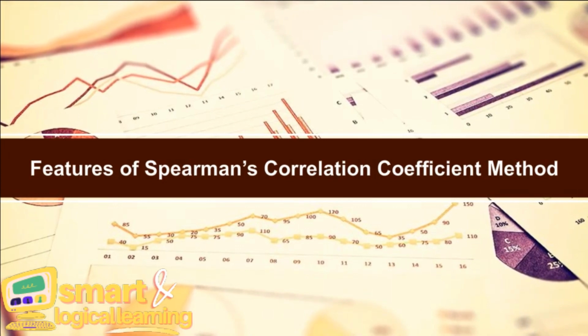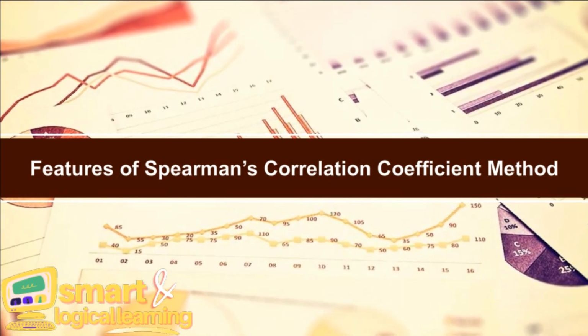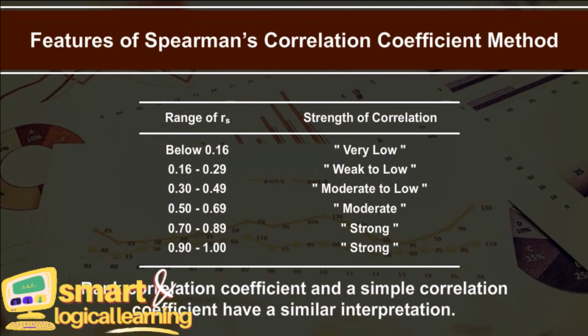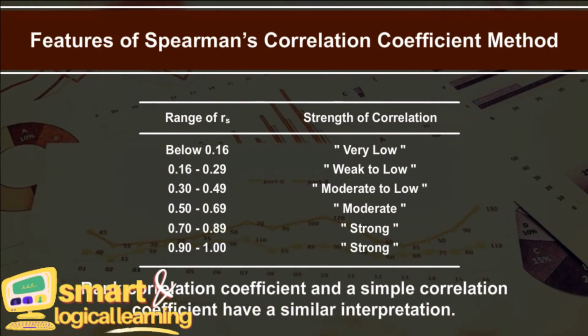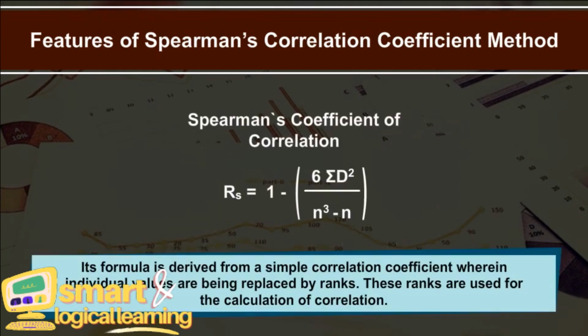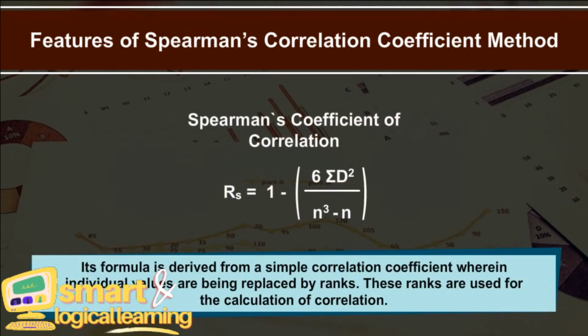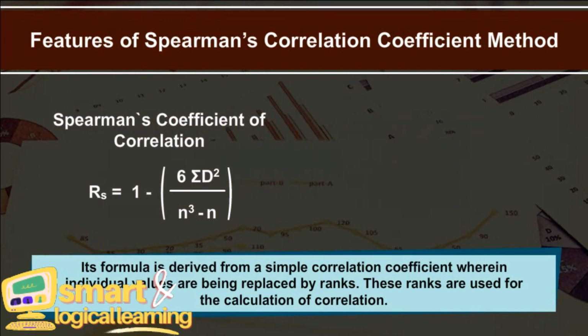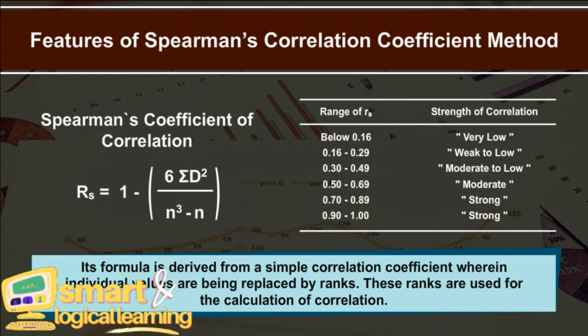Features of Spearman's correlation coefficient method. Rank correlation coefficient and a simple correlation coefficient have a similar interpretation. Its formula is derived from a simple correlation coefficient wherein individual values are replaced by ranks. These ranks are used for the calculation of correlation.